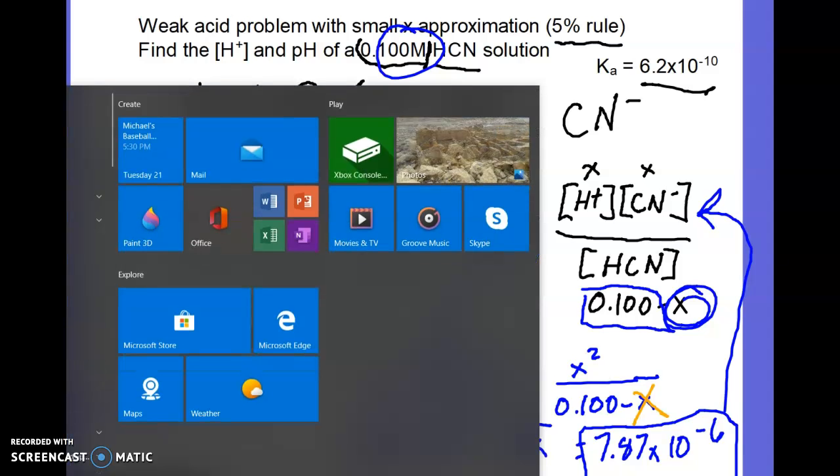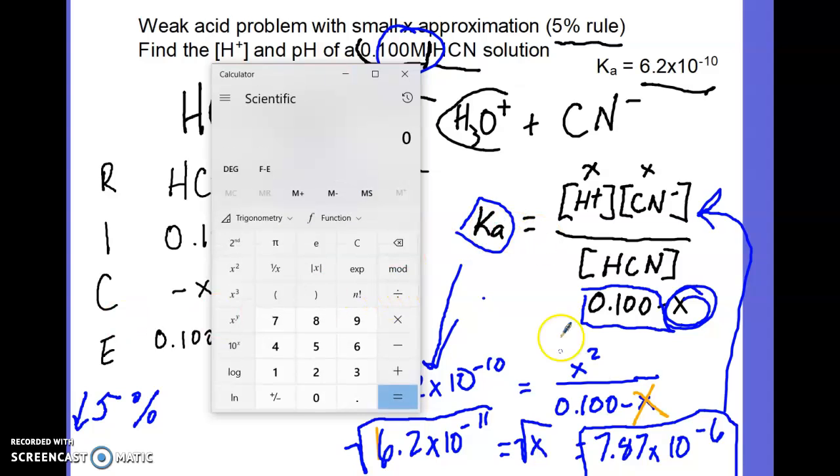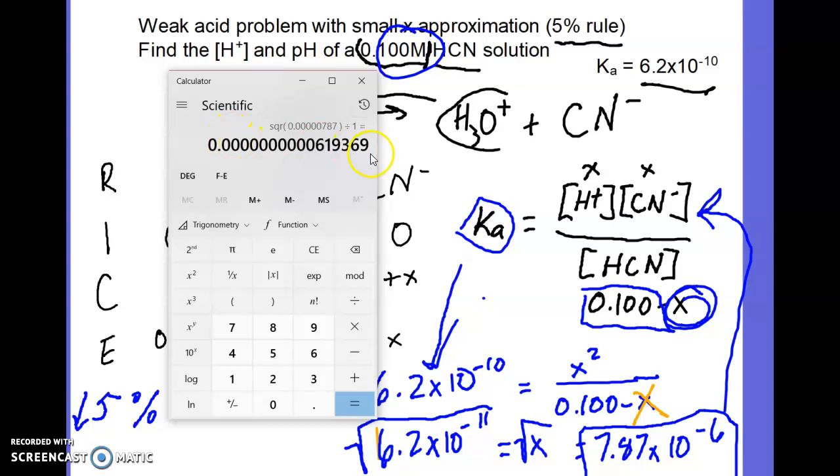On my calculator, if I take the 7.87 times 10 to the negative 6 and square it, because it's times itself, get that number, and then divide that by 0.1, it gives me 6.19 times 10 to the negative 10th.